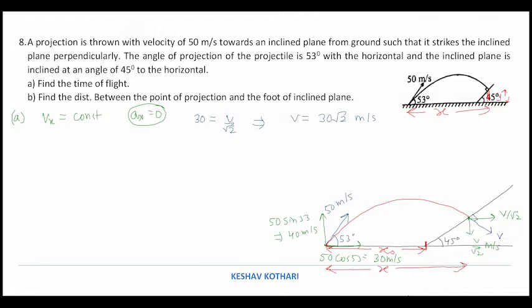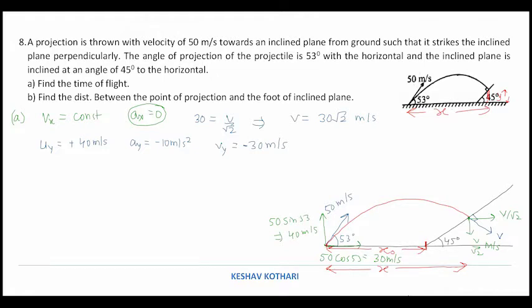Now the next thing which we are solving for is the motion along y-axis. So initial velocity along y-axis is equal to plus 40 meter per second. The acceleration along y-axis is minus 10 meter per second square, and the final velocity along y-axis is equal to v by root 2, that is 30 meter per second in the downward direction, so we are using a negative sign.